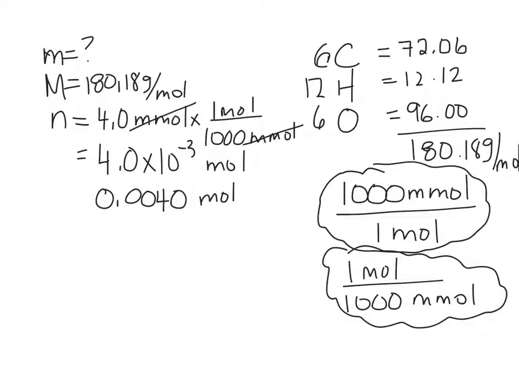They're the same quantity. So it's up to you how you write them. All right. Now we can figure out mass. What's our formula going to be? n times M. It's going to be n moles times the molar mass.